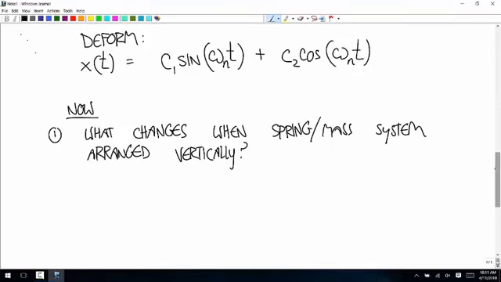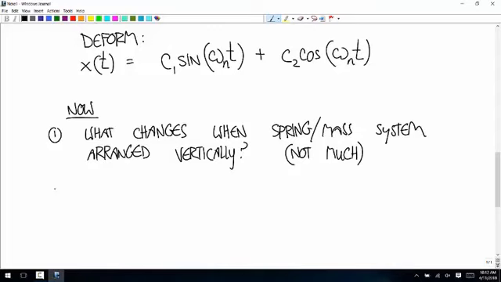I'm going to go through a derivation of that, and I'm going to ask you to go through similar derivations, so you need to sort of follow the steps on this. But the answer is not much. The frequency doesn't change, so the period doesn't change. The only thing that changes is the center point of the oscillation goes from being the resting length of the spring to the spring's length when the thing's hanging in equilibrium.